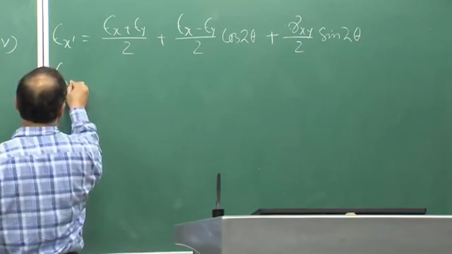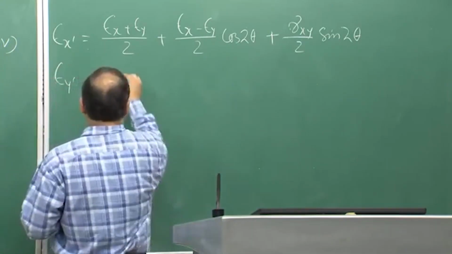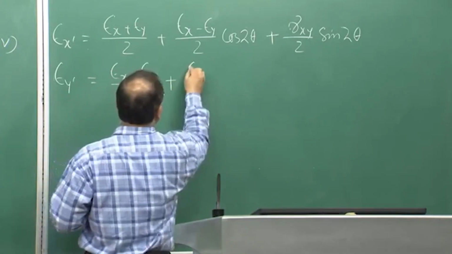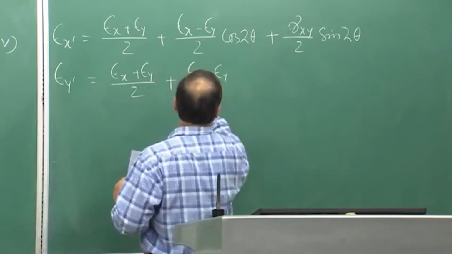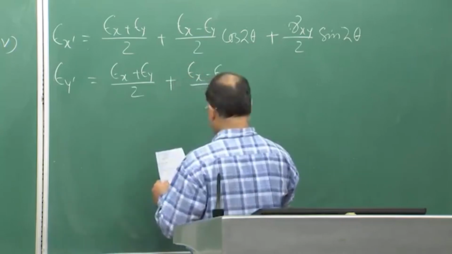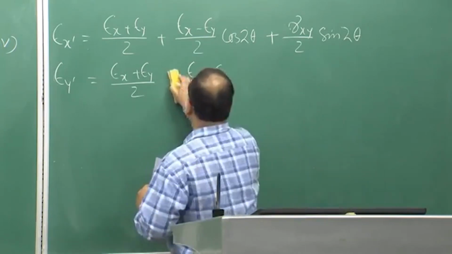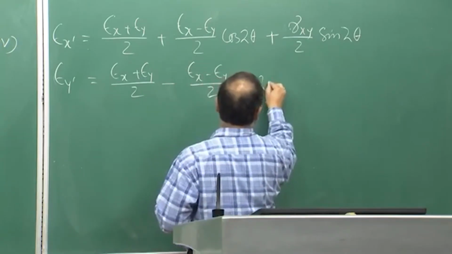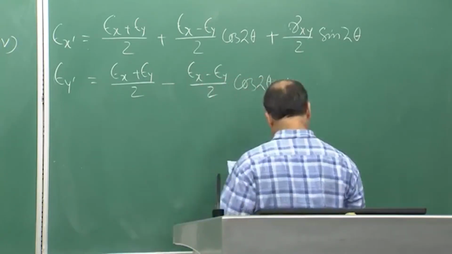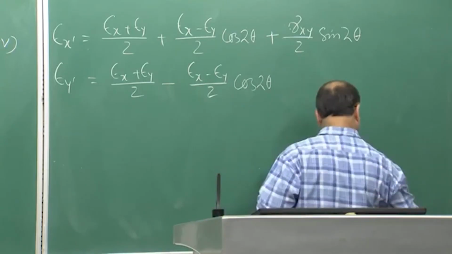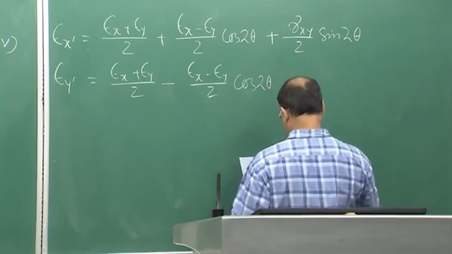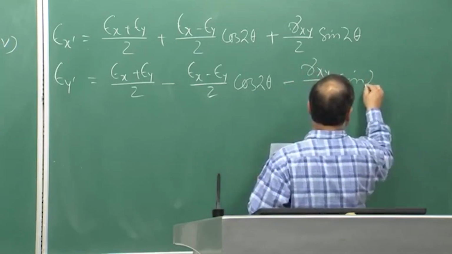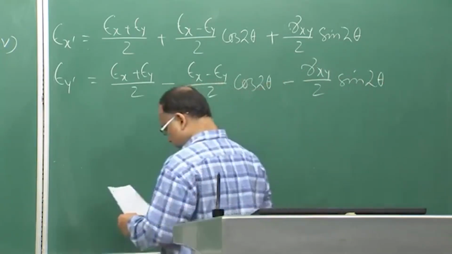Similarly, I can write epsilon y prime is equal to epsilon x plus epsilon y by 2 plus epsilon x minus epsilon y by 2, which is minus cos 2 theta, plus gamma x y by 2 sin 2 theta.